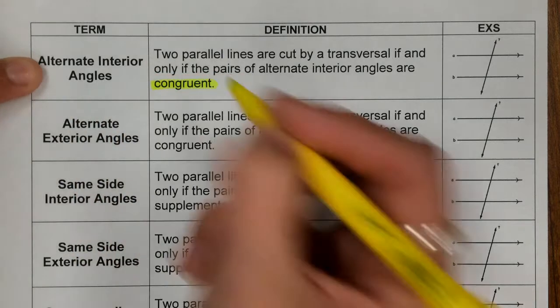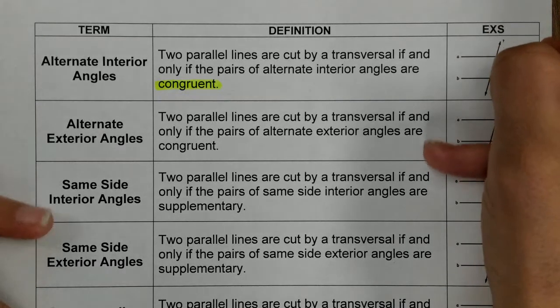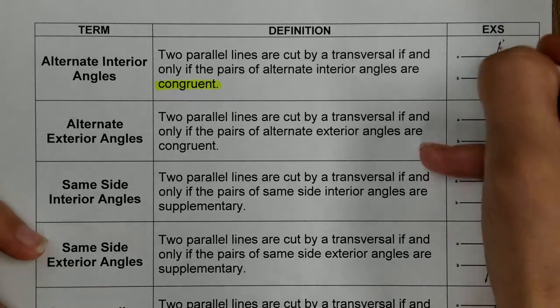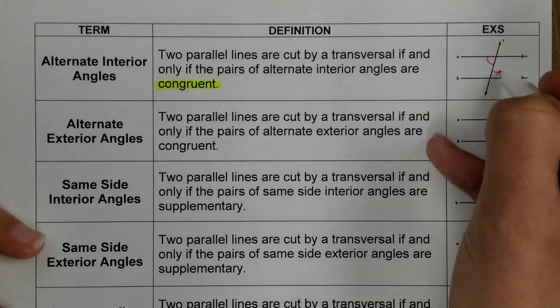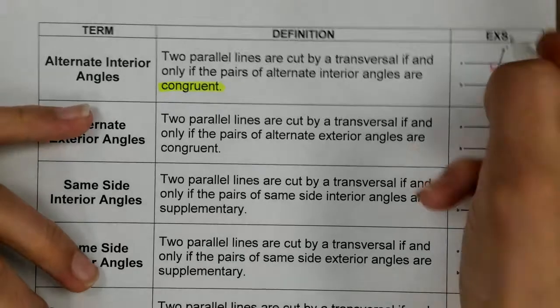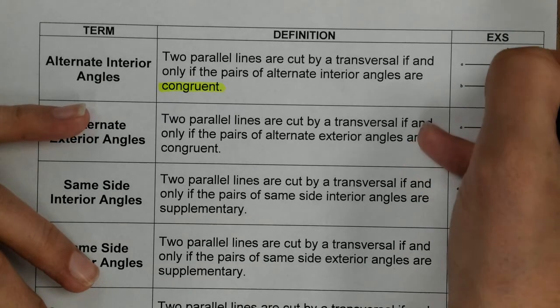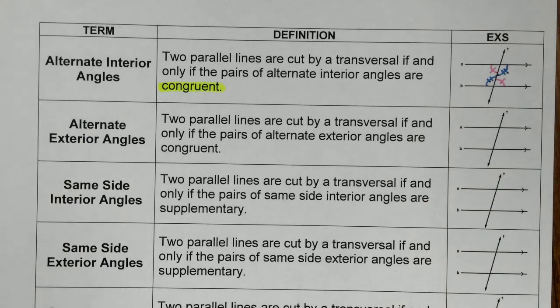So we are concluding that they are congruent. And we can identify these alternate interior angles in our picture. We could say right here, this angle and this angle are going to be alternate interior. I'm going to put a little one line in it saying these are congruent. We have another pair. It's going to be this angle and this angle. And we're going to put two lines so that we know that the pink and the blue are not congruent to each other.